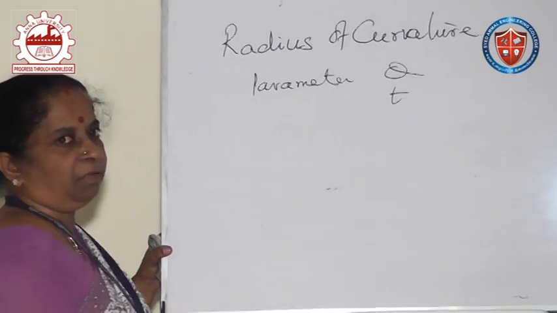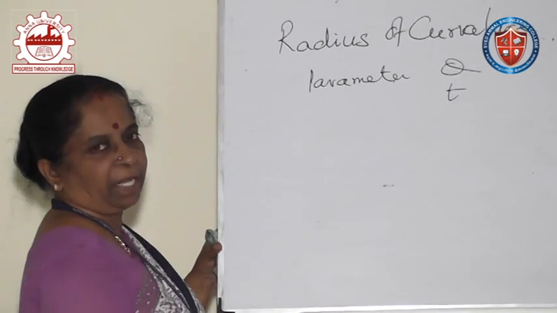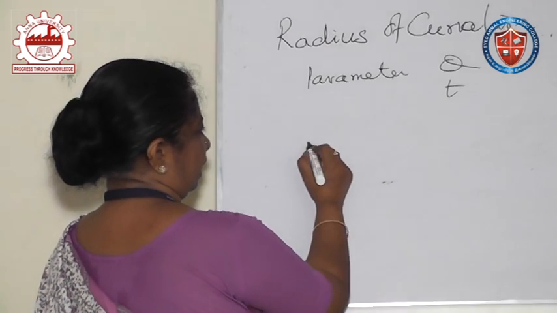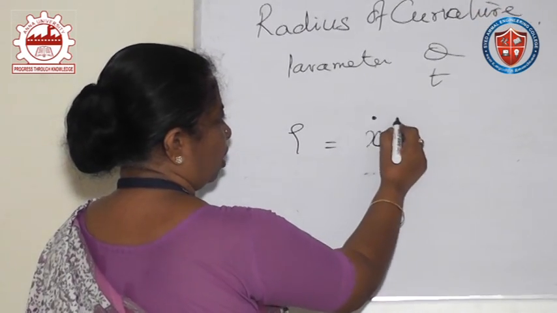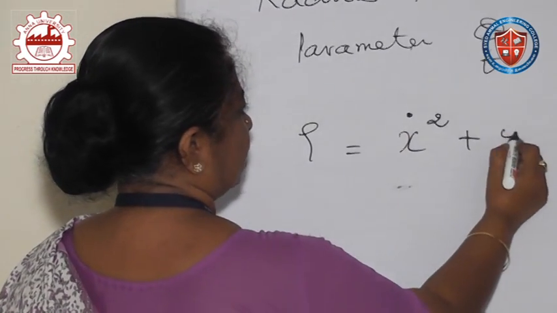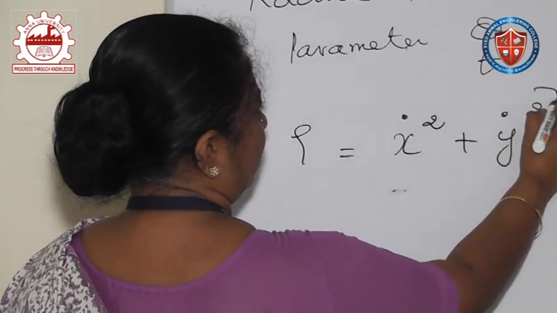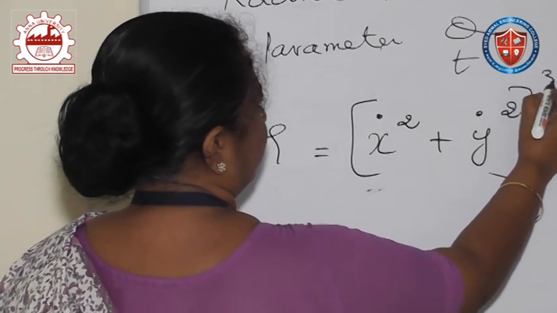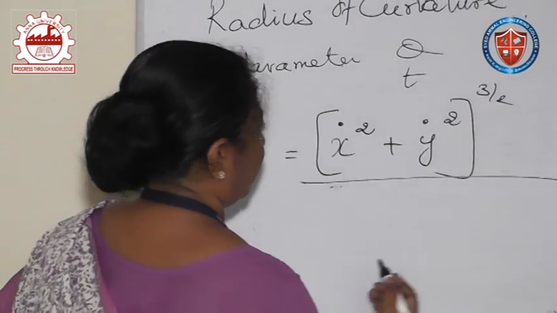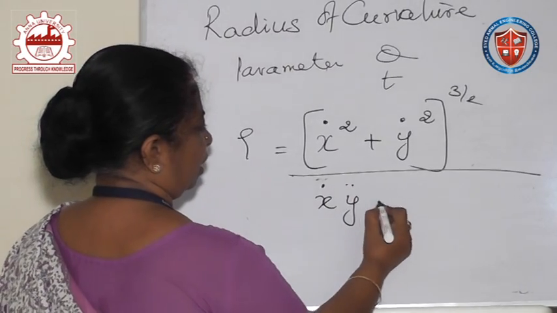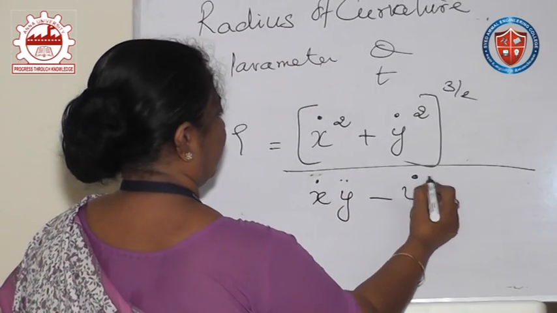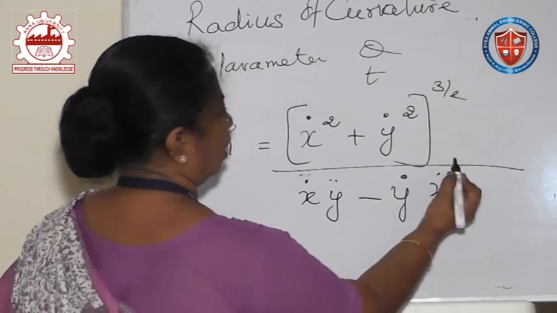Either theta or t we take as the parameter. In that case, rho becomes x dot square plus y dot square, the whole raised to the power 3 by 2, divided by x dot y double dot minus y dot x double dot.